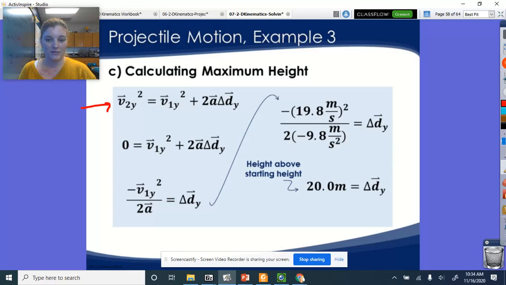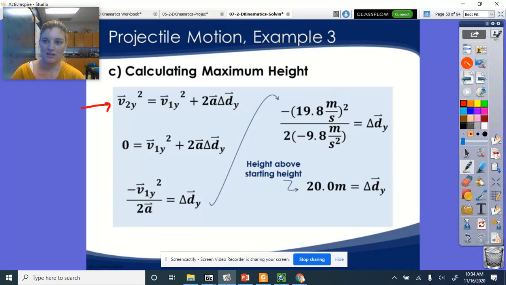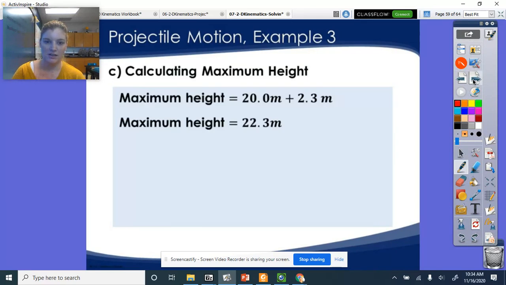But I can plug in all the information that I know. You can rearrange the variables first, or do it either way. I already know my starting velocity in the y, my acceleration, and then I can solve for my displacement. So I went 20 meters higher than where I started my golf ball.